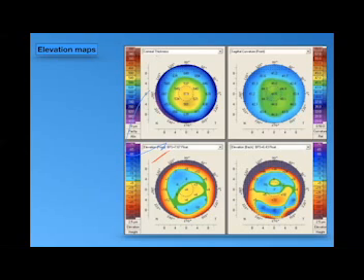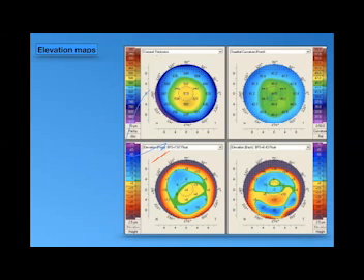Okay, we will go now to the second point, which is the elevation maps. After studying the curvature map, I will check the elevation map, the anterior elevation and posterior elevation, anterior surface and posterior surface. Both are separate and not related to each other until you have a suspecting point, and then you try to correlate the anterior surface to the posterior surface at the same point.